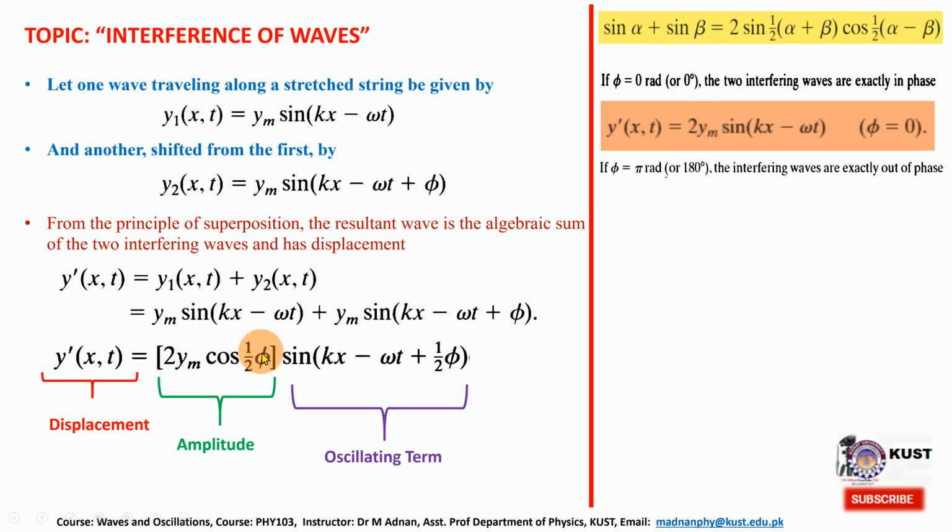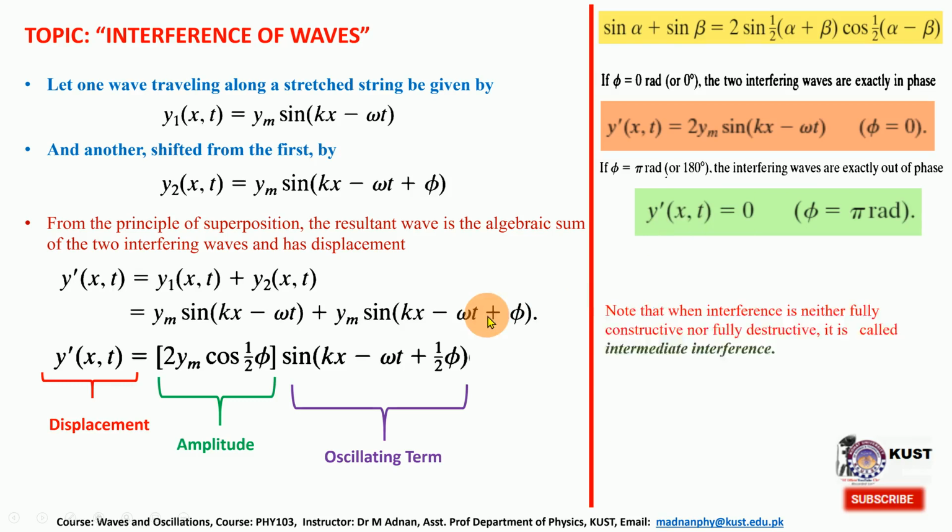Now, if the two waves are out of phase by pi radians, we get a 0 amplitude of the resultant wave, as we discussed, and the string will be straight. So this is the case of constructive interference, and this one is destructive interference.